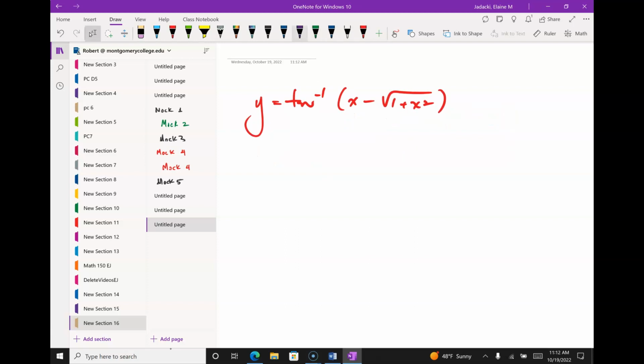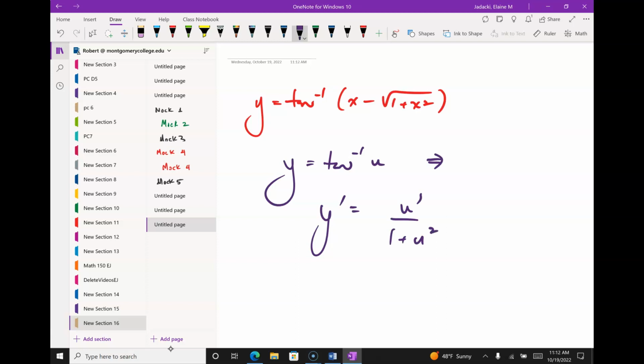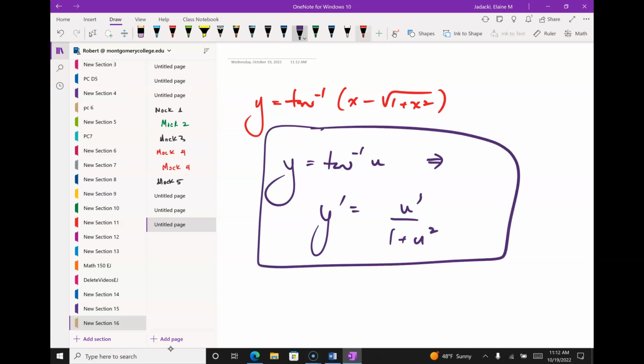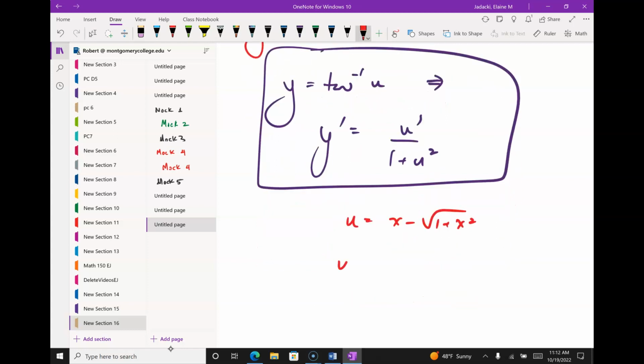But anyway, we have this memorized. y equals the inverse tan of u gives me y prime is u prime over 1 plus u squared. So all I have to do on these is find u. What is it? x minus square root of 1 plus x squared. Find u prime. Yuck. What is it? 1 minus 2x over 2 square root of 1 plus x squared.